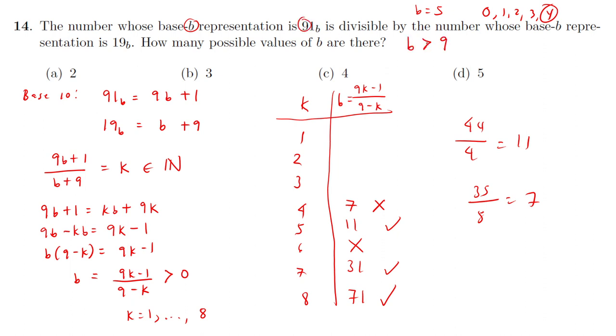Hindi at least, it should be bigger than 9. So our base should be at least 10. So 7, although the algebra will work, magiging integer pa rin si B, hindi siya acceptable value because B should be at least 9. So pwede na tayong huminto because these three numbers will be smaller. So, therefore, we only have three possibilities, 11, 31, and 71 as bases for B that will satisfy the requirement. That's the answer, letter B.